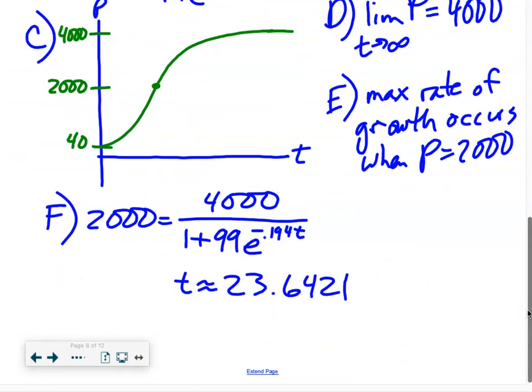So it would take about 23 and a half years for the elk population to hit 2,000.